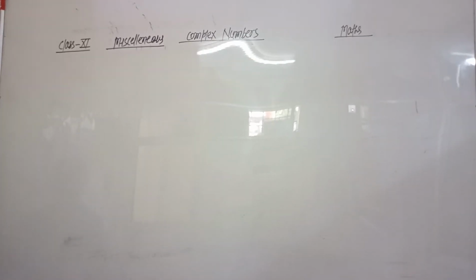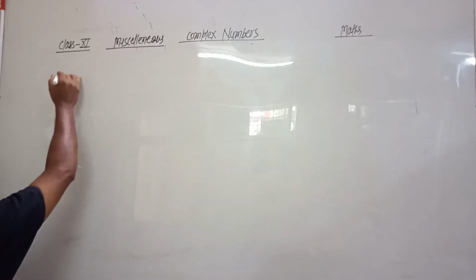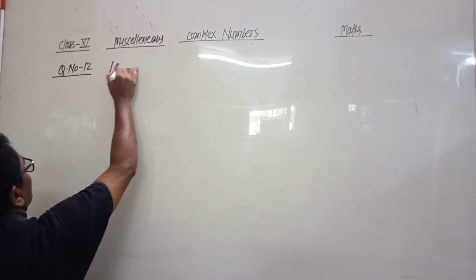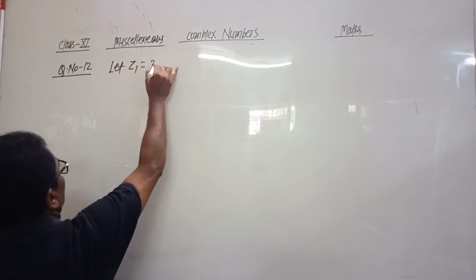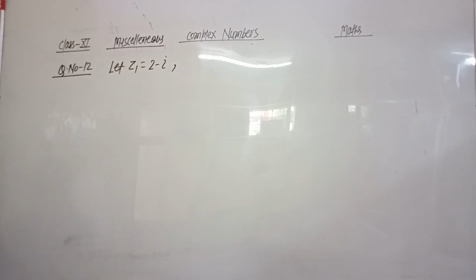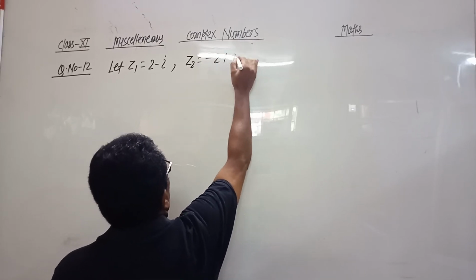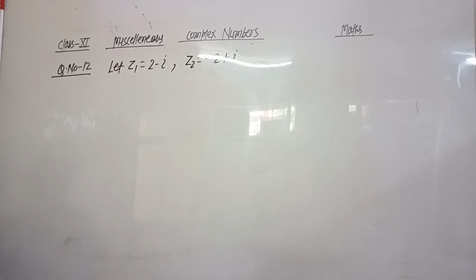Now question number 12. Let Z1 equals 2 minus iota, Z2 equals minus 2 plus iota. Then find the real part of Z1 Z2 upon Z1, and the imaginary part of 1 upon Z1 Z1 bar.